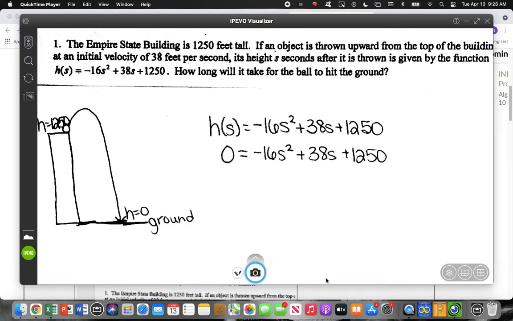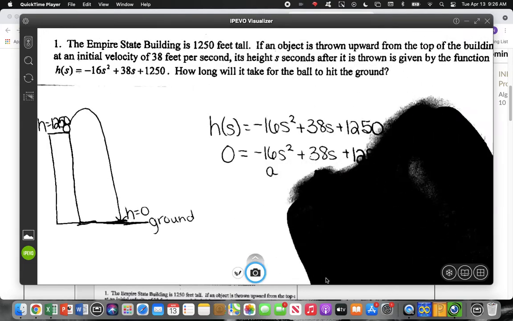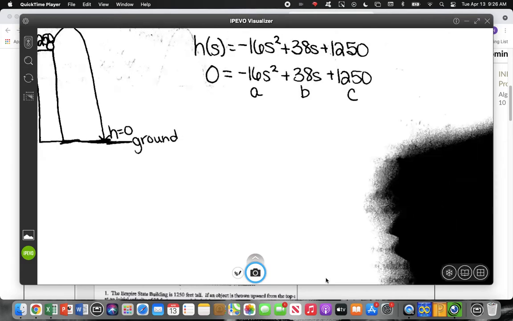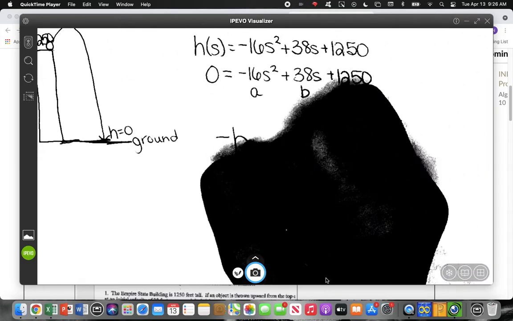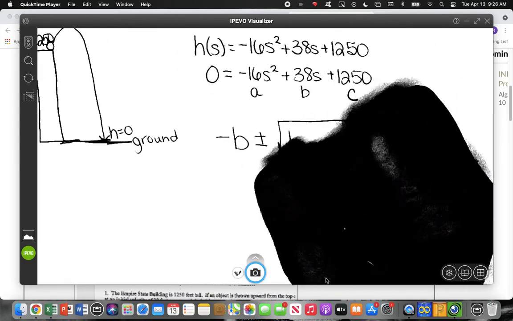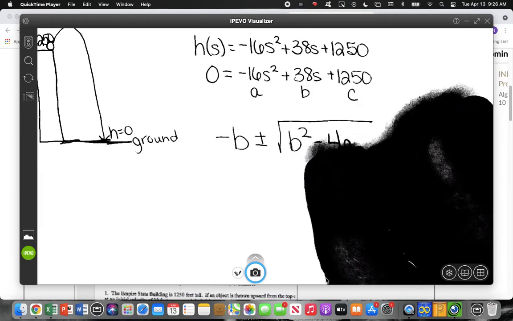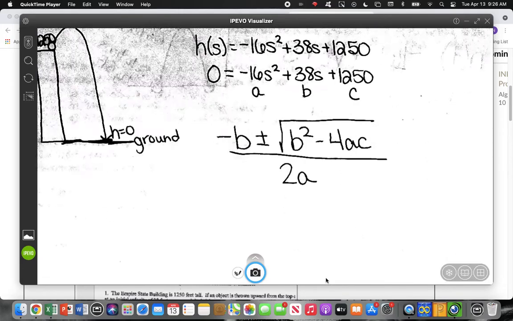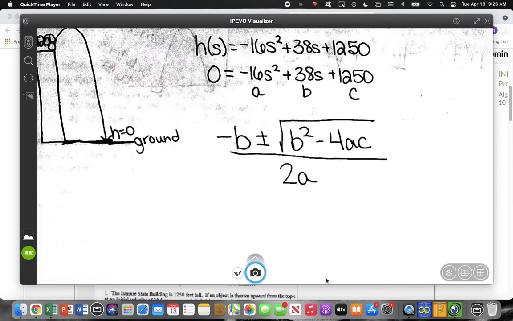So we do have an A, B, and a C value. So at this point, if we do the quadratic formula, we can solve this. All right, what am I going to plug in for negative B?